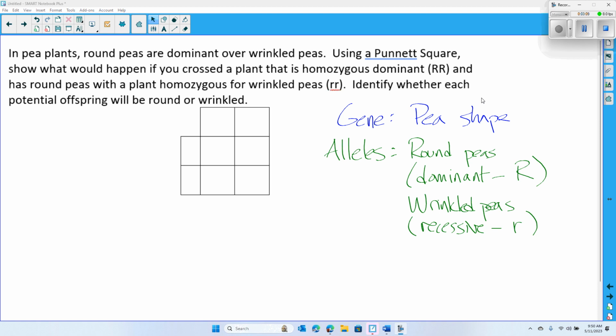So with the dominant allele present, the peas will change from being wrinkled to being round. But if there are no dominant alleles present, if there's no round pea allele there, then the pea just stays wrinkled. So the recessive allele doesn't make it wrinkled, it just doesn't change it.